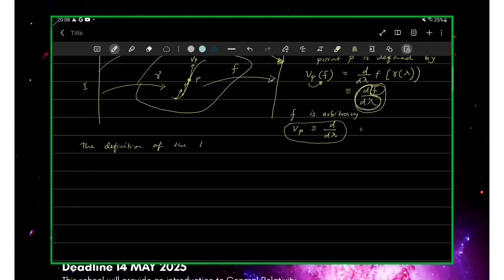So the definition of the tangent vector satisfies two important properties. One is that it is linear.